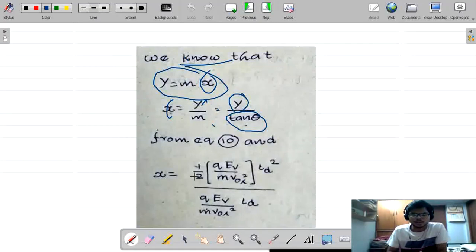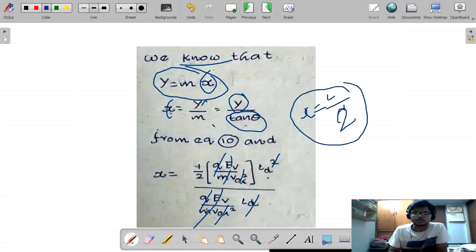Just substitute half QEV by M Vox whole square into LD square, by QM EV Vox into LD. Now EV cancel, Q cancel, M cancel, Vox cancel. Just we are left with LD by 2. So it is indicating that x is LD by 2.